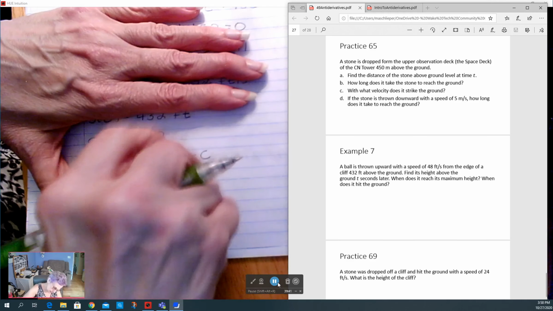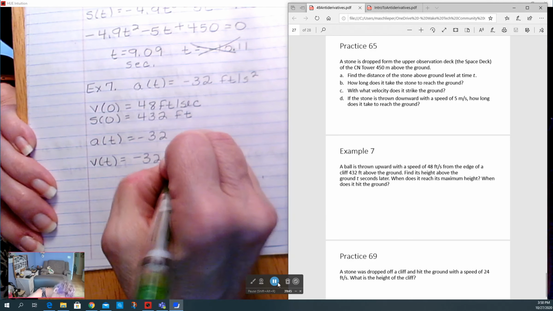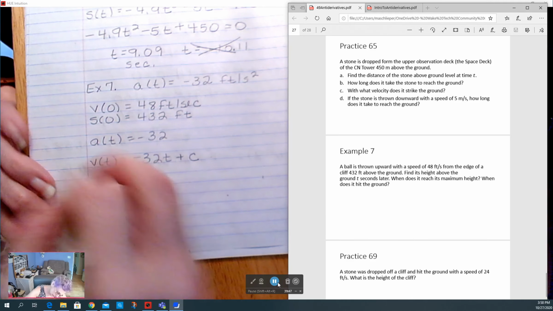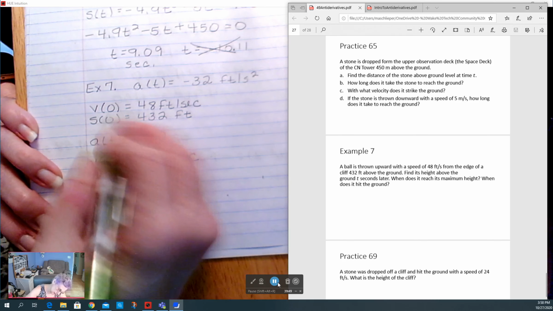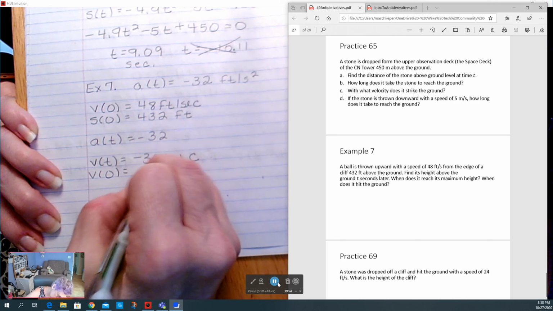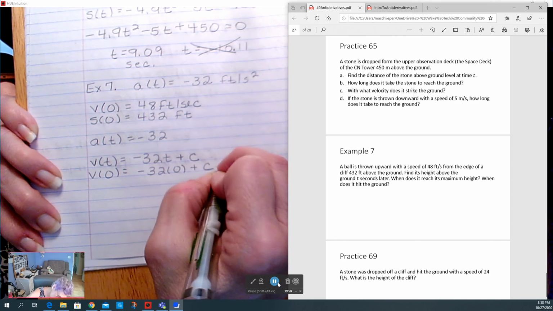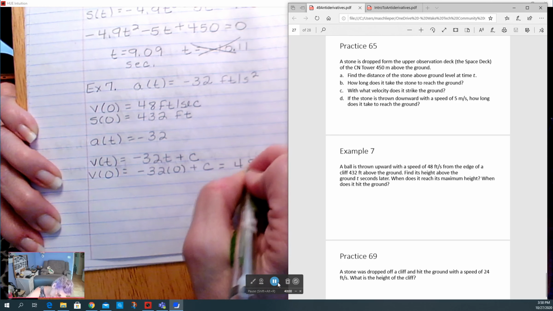Just t, not t squared. Getting ahead of myself. Negative 32t plus a constant. And my velocity at time 0 is negative 32 times 0 plus c, which has to be equal to 48.